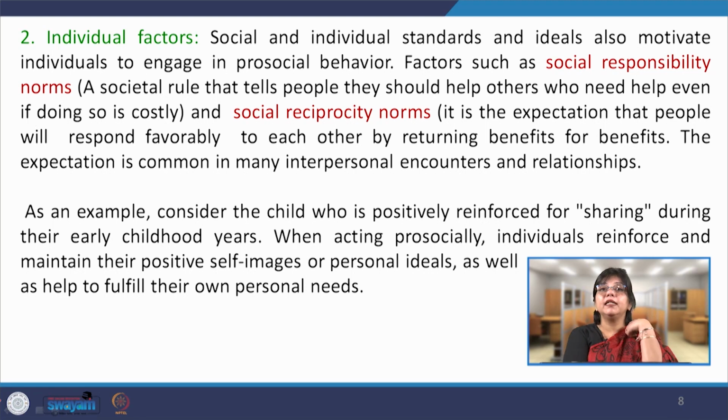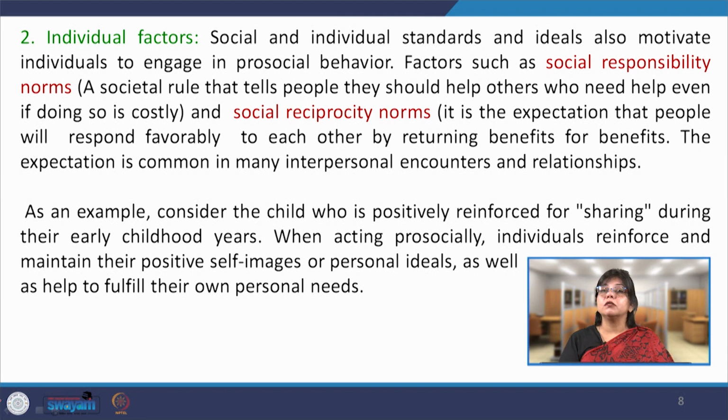Next come some individual factors. Those were the situational factors, where the bystander effect was the major discussion, of how prosocial behavior is determined. There are some individual factors as well, which talk about social responsibility norms and social reciprocity norms: how the individual is motivated to help the person in need or in any emergent situation.